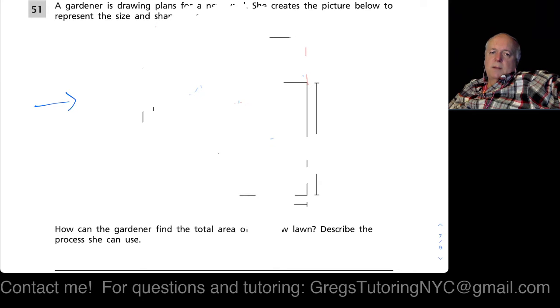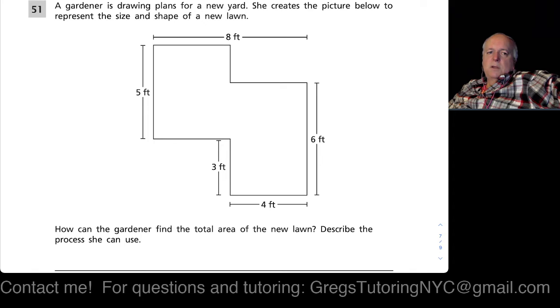Let's go back and fill in some things. We said this was 8, and that was 4, and therefore this is 4. This is 4, and this was 4 as well. So what we're trying to do is figure out this here.